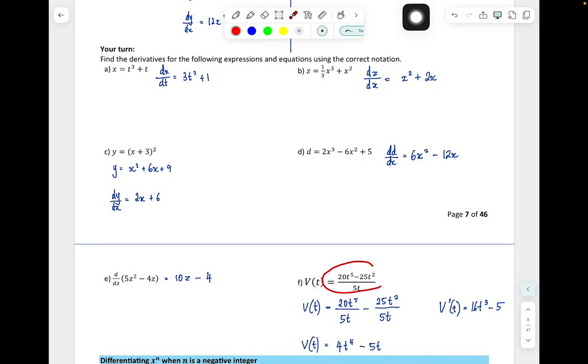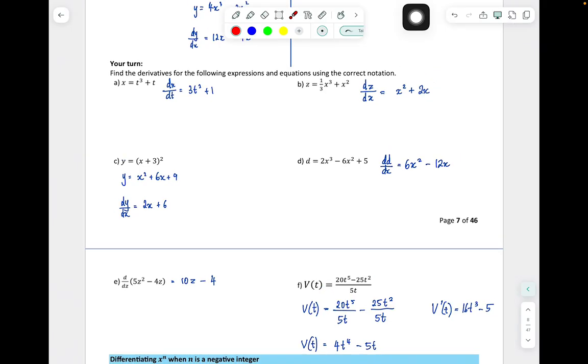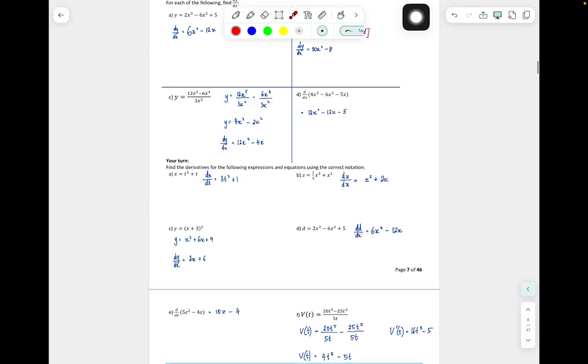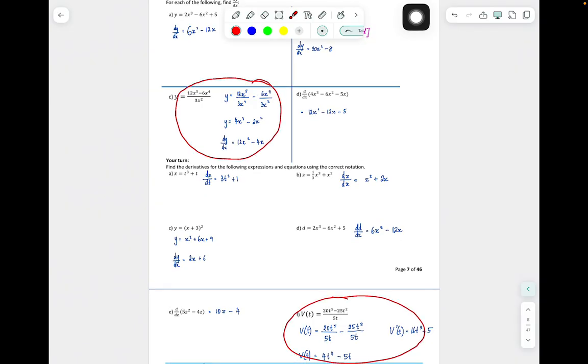And this example here is similar to our previous example at the top, where you must split the terms by dividing by the denominator. So have a look through, pause, rewind, rewatch if you'd like to revise.